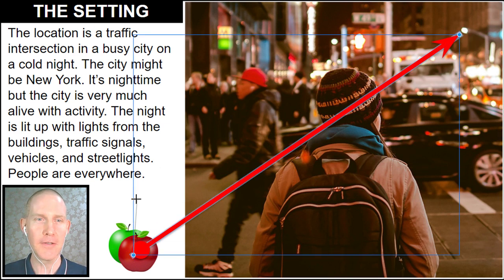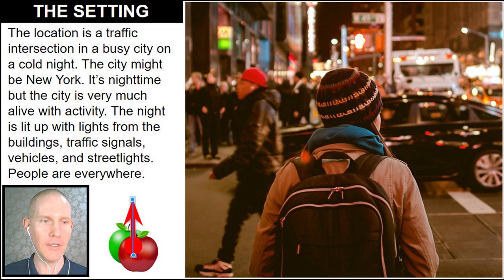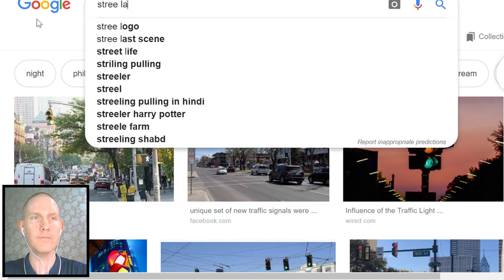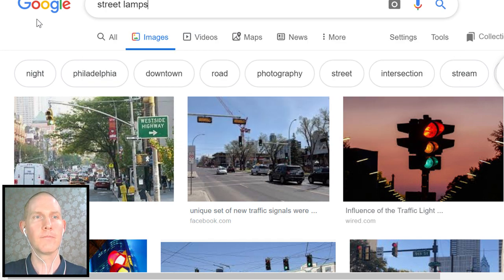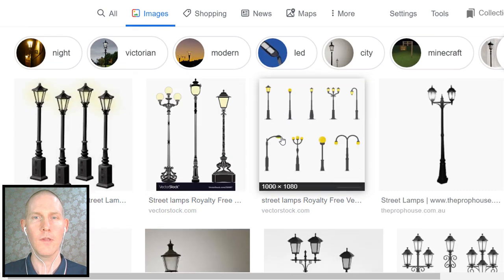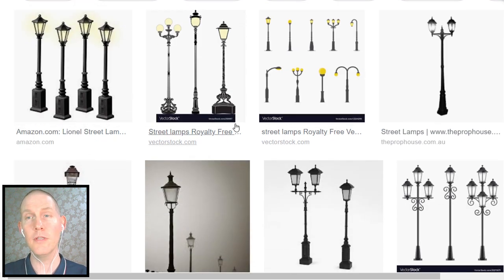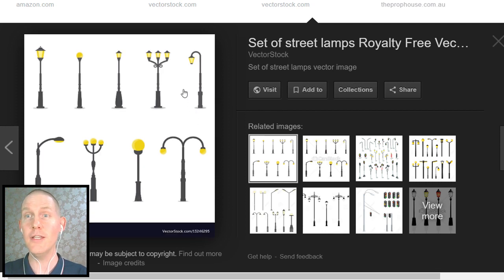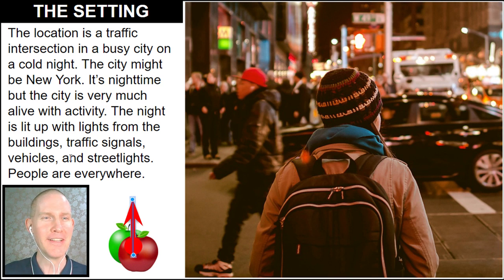Let's go to some pictures of street lights or street lamps. There are a lot of different kinds of street lamps, but they give light in the darkness.